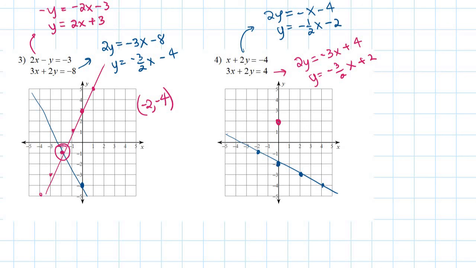So 1, 2, 3, 1, 2. And 1, 2, 3, 1, 2. So now I can see where they intersect. And that is at 4, -4. So hopefully these examples were helpful as you solve by graphing.